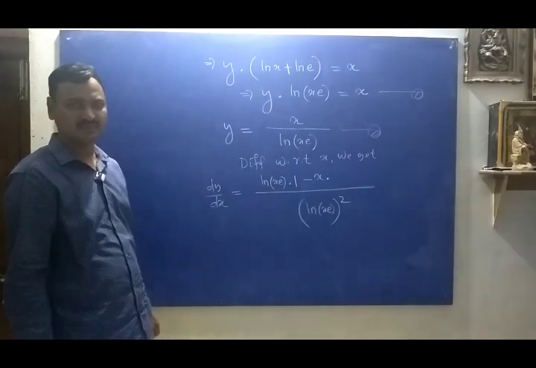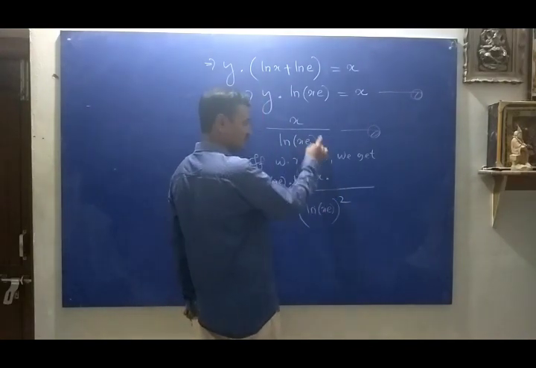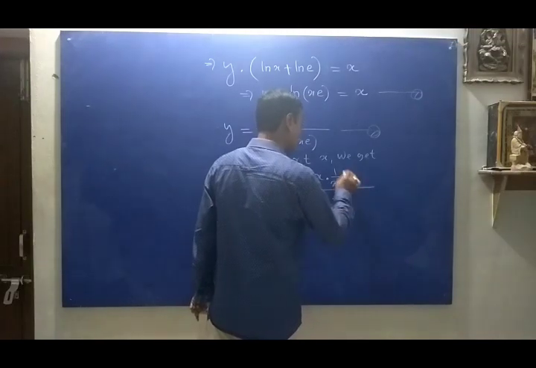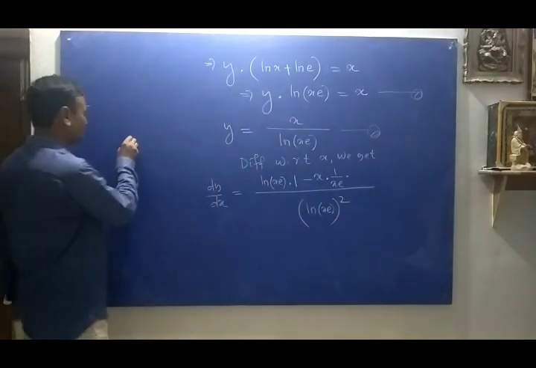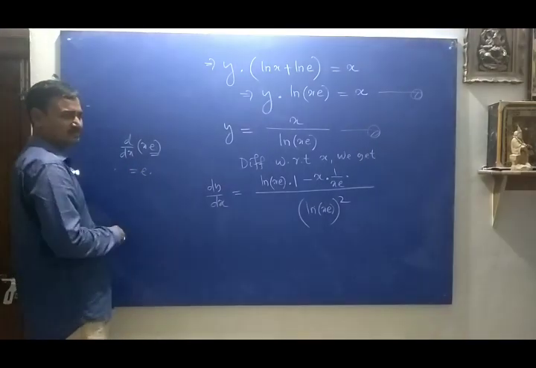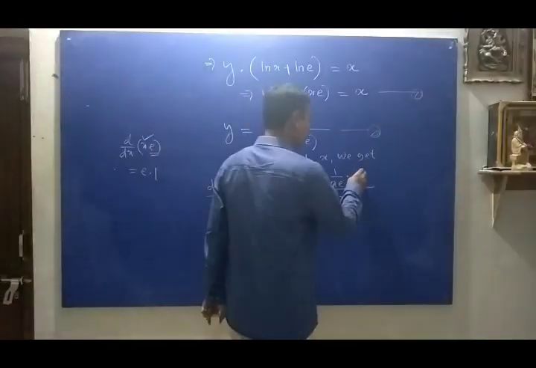So what is the derivative of ln of ex? The formula is 1 by ex into derivative of ex. So derivative of ex, where e is a constant, is 1 into e.